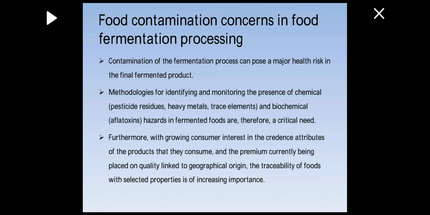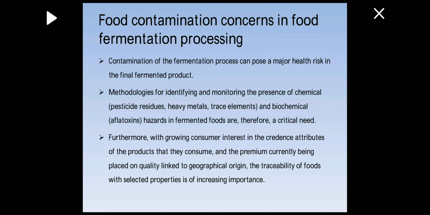Methodologies for identifying and monitoring the presence of chemicals such as pesticide residues, heavy metals, trace elements, and biochemical elements such as aflatoxins, hazards in fermented foods are therefore a critical need.